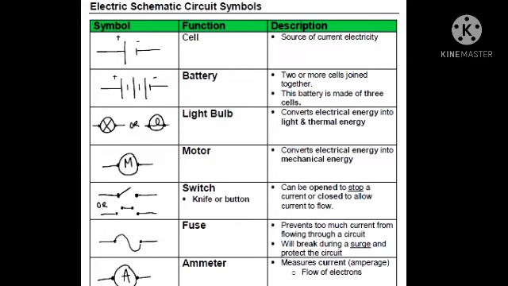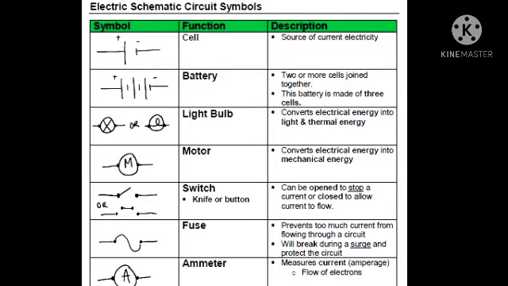Switch. Knife or button: can be opened to stop a current or closed to allow the current to flow. Fuse: prevents too much current from flowing through a circuit, will break during a surge and protect the circuit.